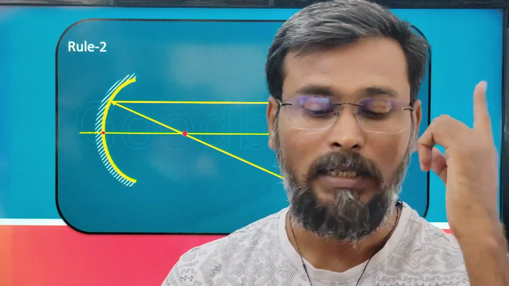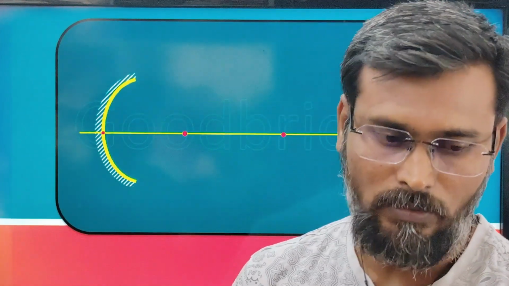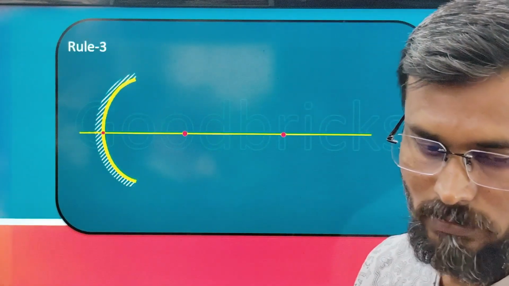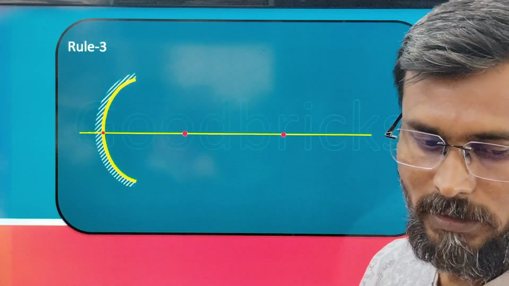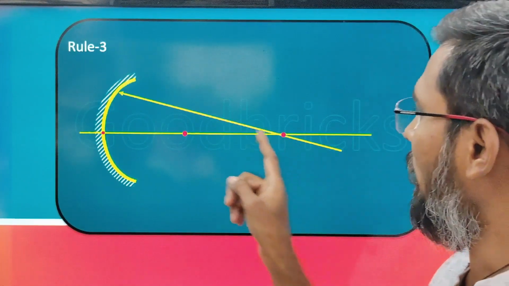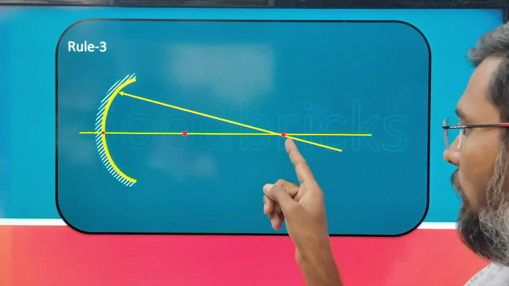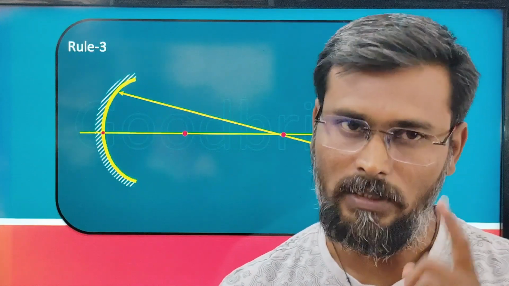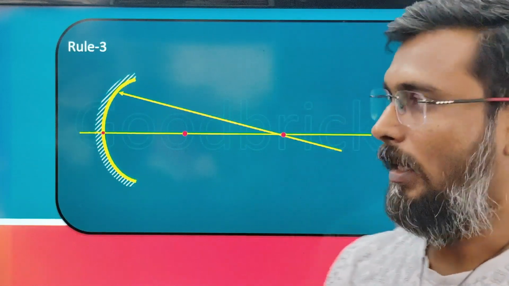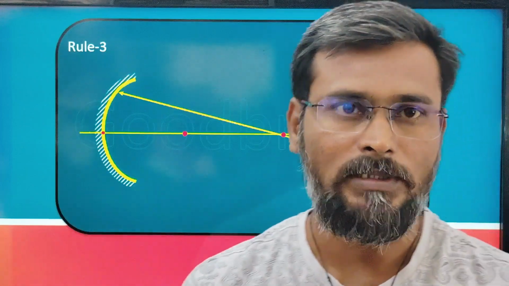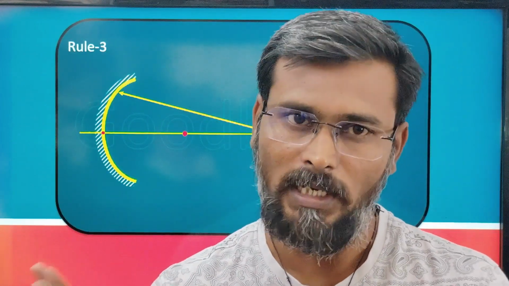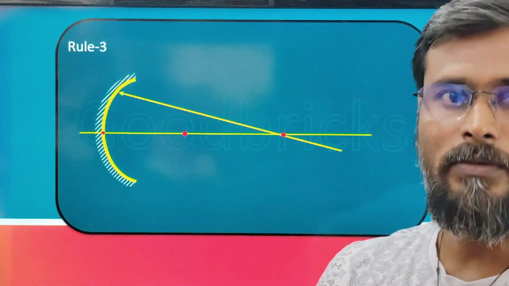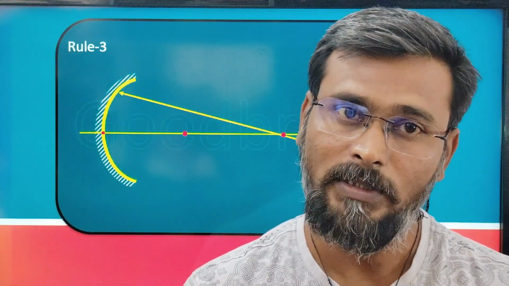Now let us look at another rule, that is rule 3, and in this rule observe carefully here on the screen. This is the incident ray and it is passing through the center of curvature, and this also doesn't go and sleep, it also bounces back. So when it is bouncing back, what happens?